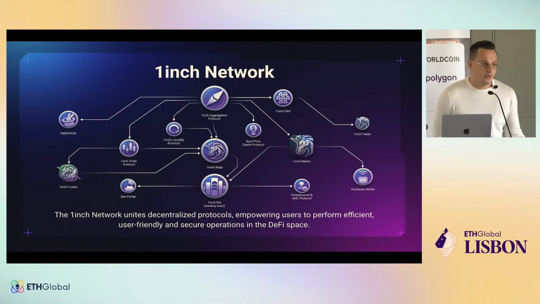MetaMask was really terrible, and from my point of view there are still issues with other wallets. That's why we have different teams working in the space, to not compete but improve and add value to the space. We have our limit order protocol. It's fully decentralized, based on signatures, similar to 0x and other approaches, but highly efficient.